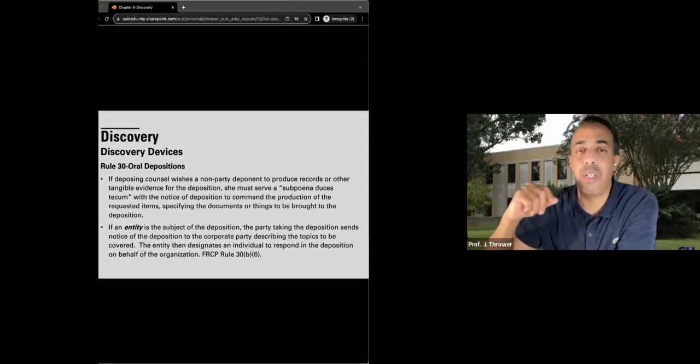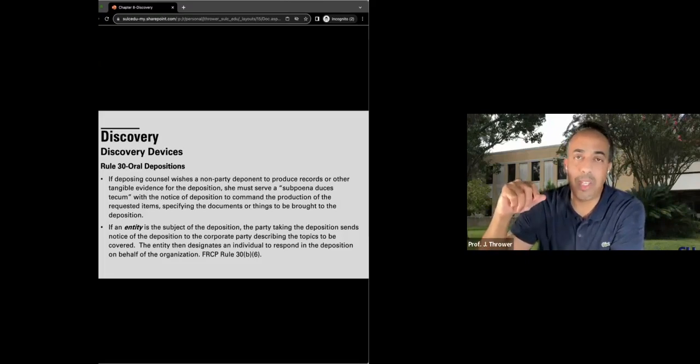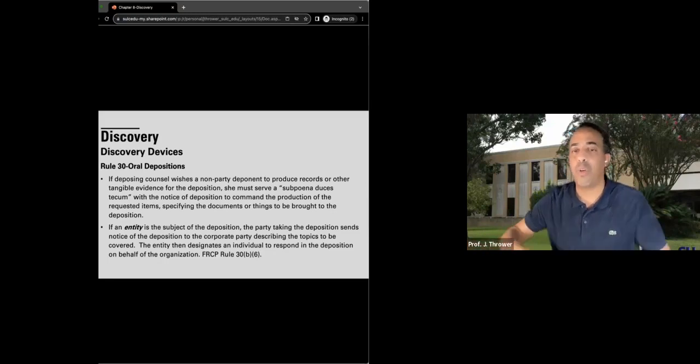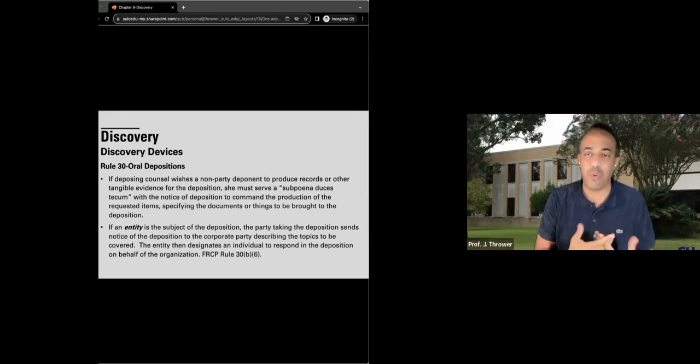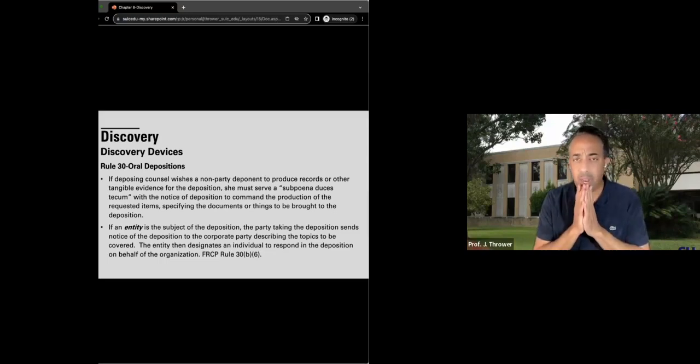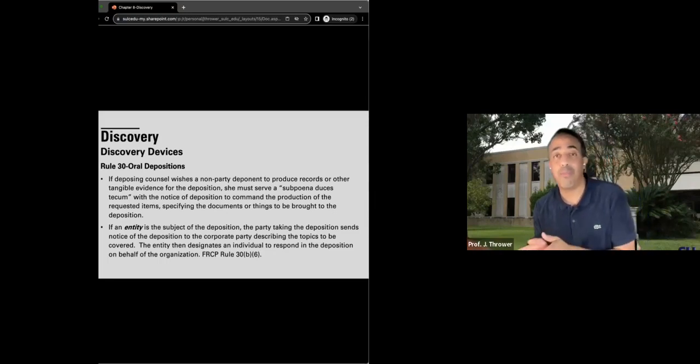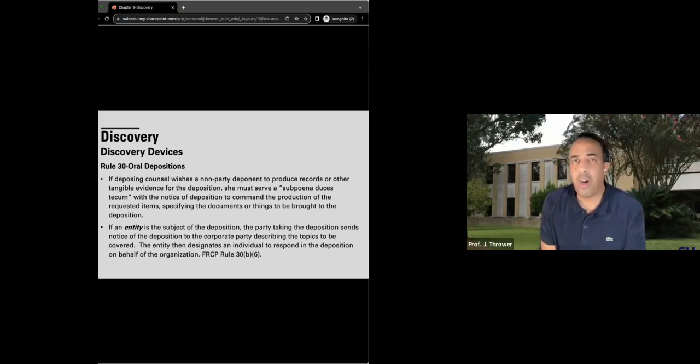Now, this subpoena duces tecum commands the party being deposed to also produce the requested items, right? This requested tangible evidence, to produce that information along with showing up or being present for the deposition.